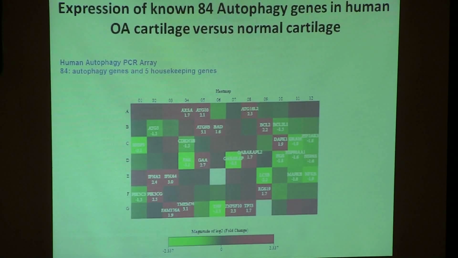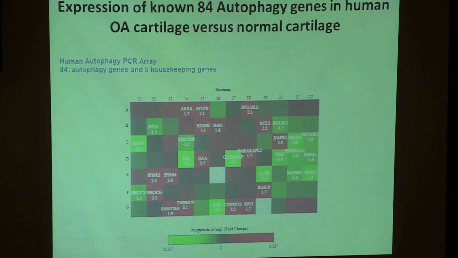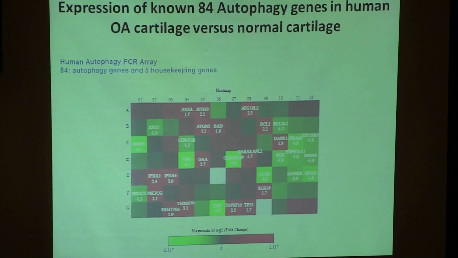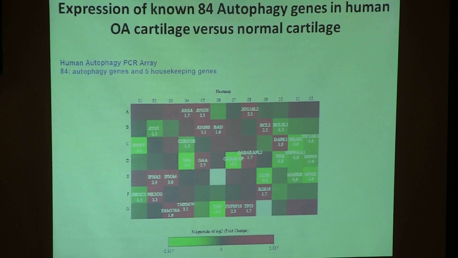So we wanted to go back and profile all the known autophagy genes which are probably regulated or dysregulated in osteoarthritis. We compared osteoarthritic cartilage to the normal cartilage, and we performed these autophagy PCR arrays, and I don't expect you to look at this heat map. But what I want to point out is that out of all 84 genes involved in the autophagy process, around 20 genes were upregulated or downregulated in this pool of genes which we tested.